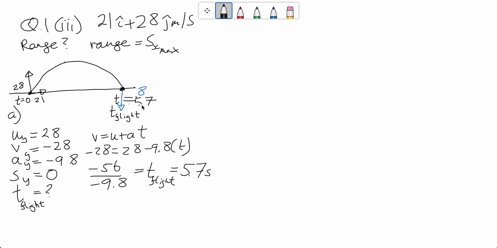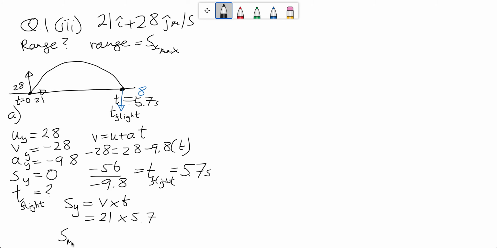Okay, so that's 5.7 seconds is the time will be here. So if it goes for 5.7 seconds, that means that the maximum range is going to be the velocity multiplied by the time, the velocity of 21 multiplied by 5.7.